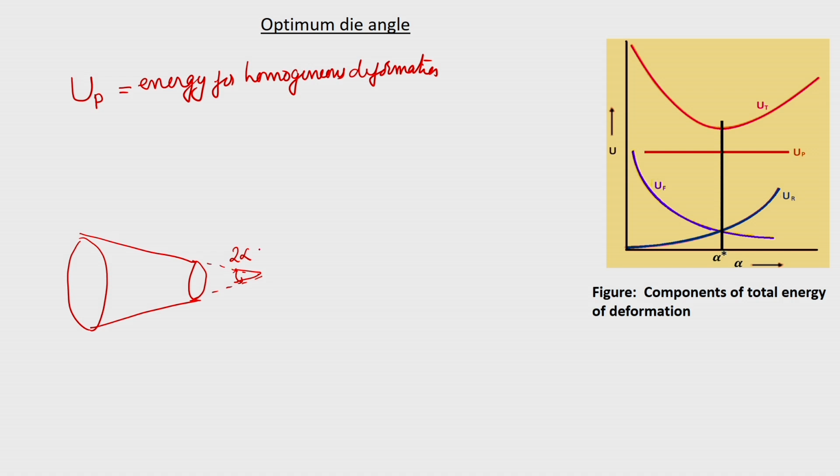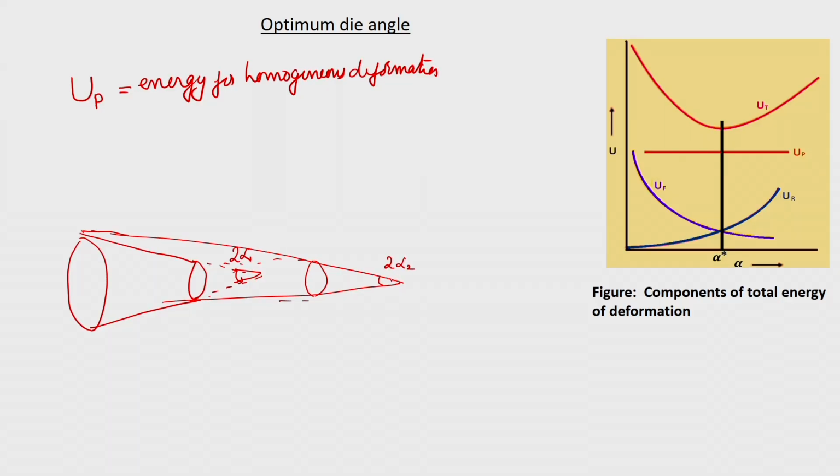Now, when alpha is decreasing, suppose let us say we want the same diameter, so this will be 2 alpha 2, this is 2 alpha 1, let us say. If these diameters are same, the output reduction is same, but with a different die angle. With a lower die angle, you will find that the contact area between the die and the workpiece is higher.